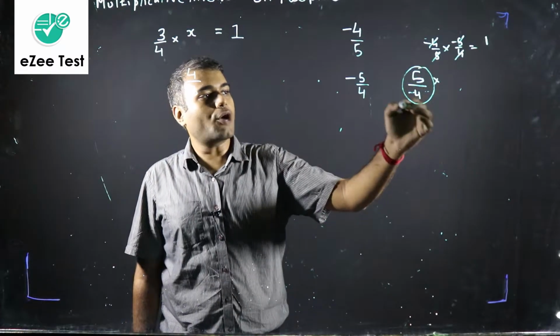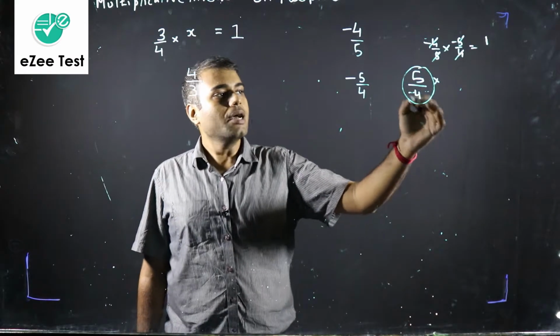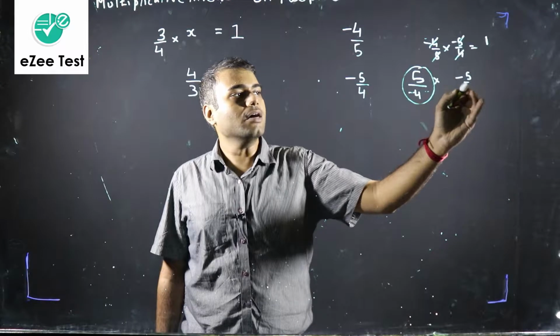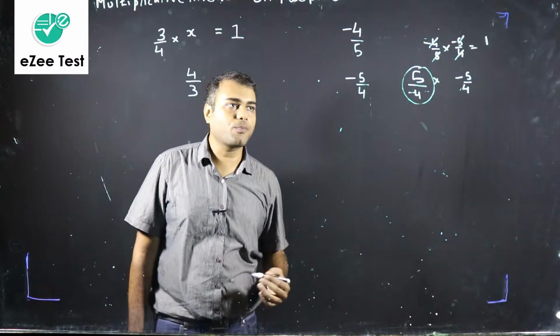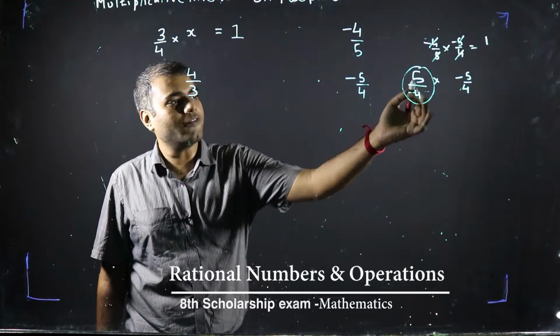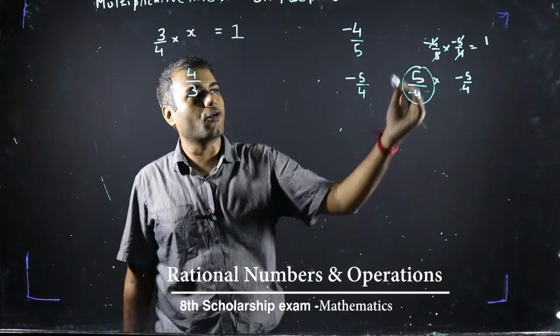Even if you encounter something in which the negative sign is in the denominator, please always consider that the negative sign is written with the numerator. We do not ever keep our denominator as negative. So instead of writing it as 5 upon -4, we should write it as -5 divided by 4.